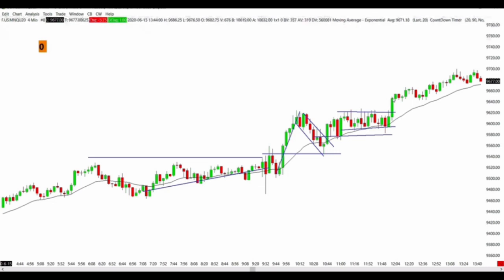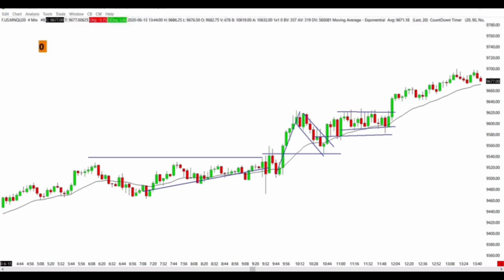I'm not even going for a 1-to-1 anymore. I'm actually going to go for a 2-to-1, because as you know, when the market breaks out of this, it's a strong possibility it's going to push the market up even more, and I can definitely look for a 2-to-1. So that's one way to hold longer when you are in the trade.